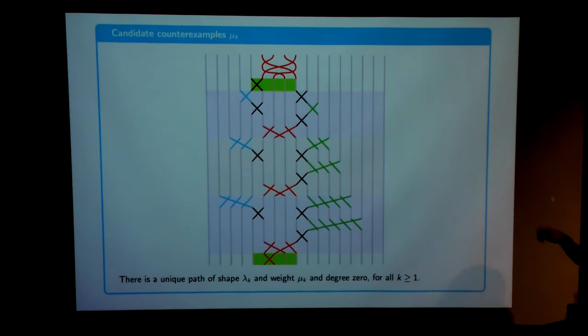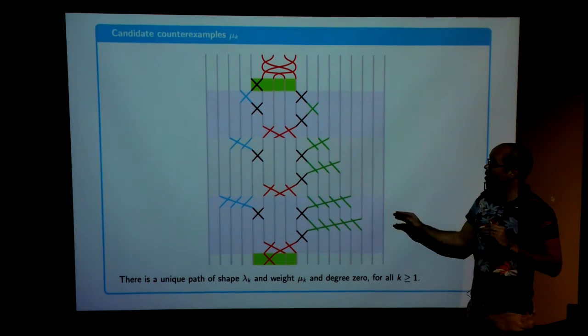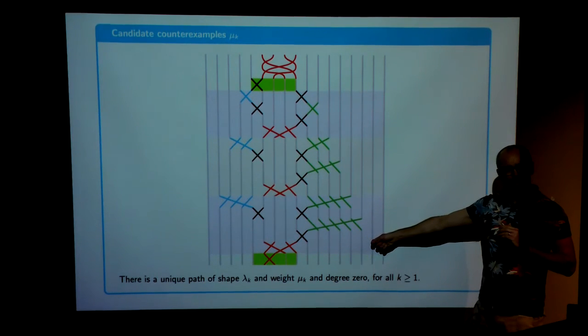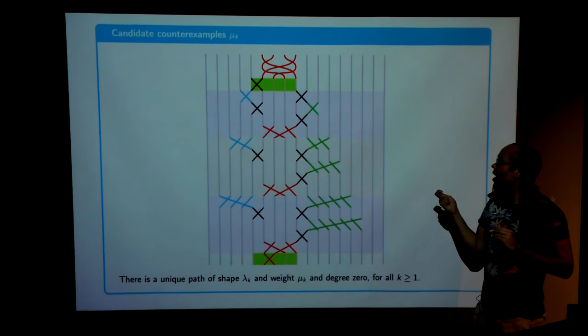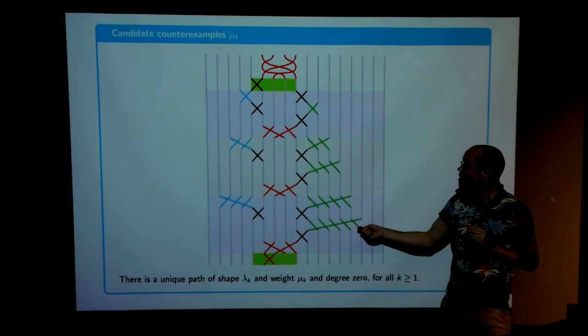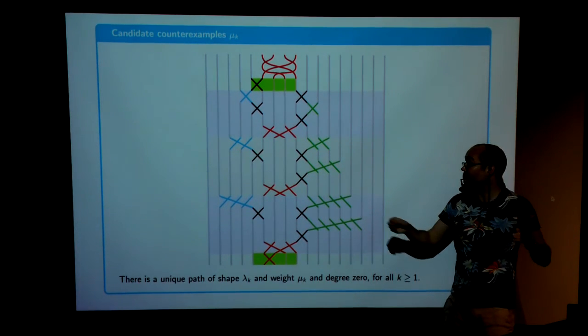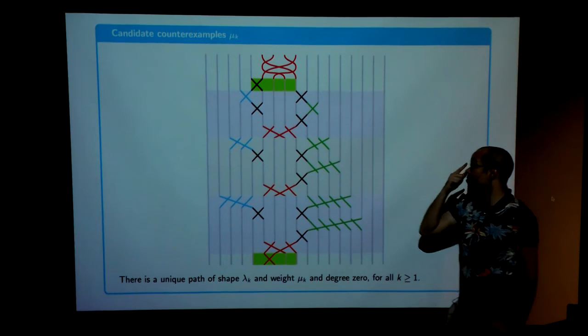So sure, I haven't told you why it's true, but you can see where I'm heading. And how does it work? So this is mu k. I'm trying to get to lambda k. And what is lambda k? Lambda k is the one where I delete all black and red crossings.